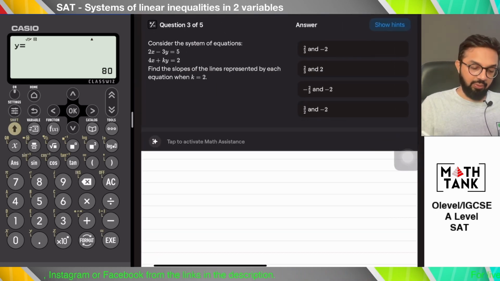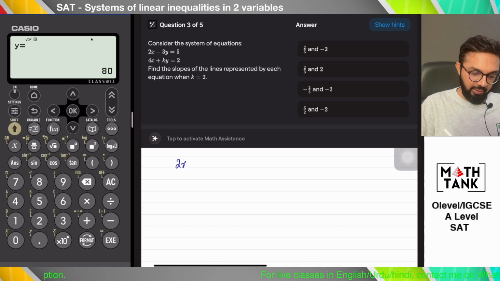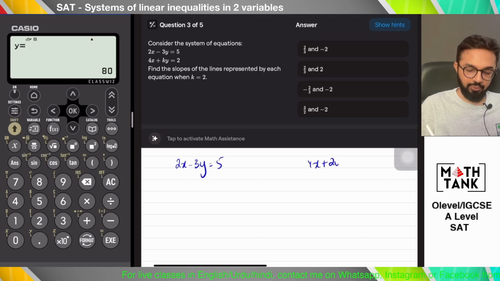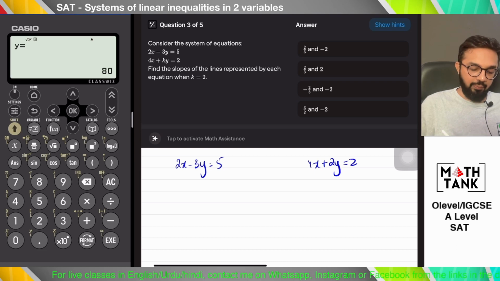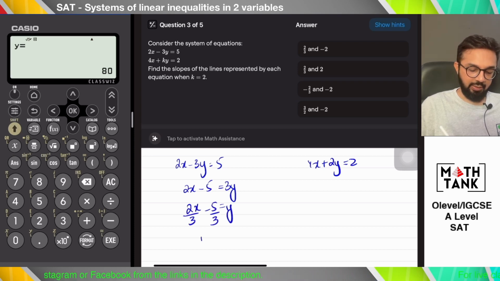Consider the system of equations. Find the slope of the lines represented by each equation when k equals 2. So 2x minus 3y equals 5 and 4x plus 2y equals 2. Okay, so how do you find the slope? You bring it into the form y equals mx plus c. So the slope here is therefore 2 over 3.